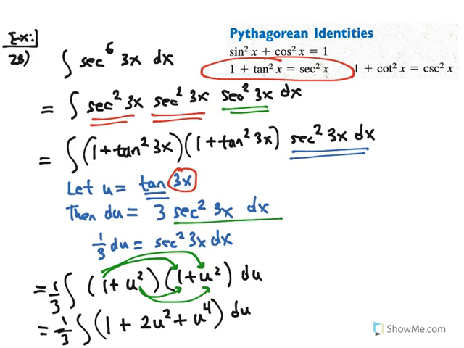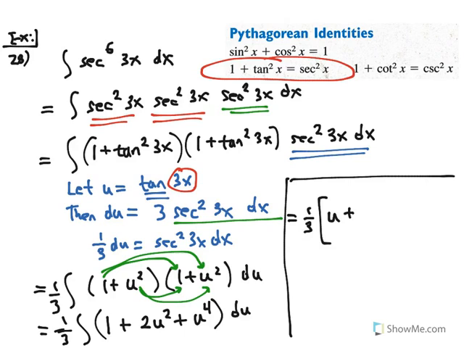du. And now you will just integrate using the power rule for integration, and that would give you 1/3 times the antiderivative of 1 with respect to u, which is u, and using the power rule for integration, you'll have 2u to the 3rd over 3 plus u to the 5th over 5 plus a constant of integration.